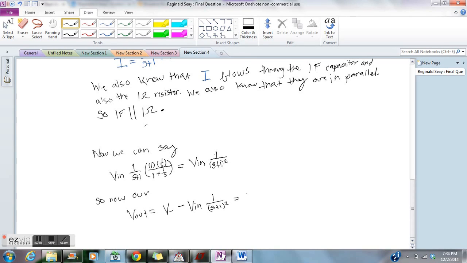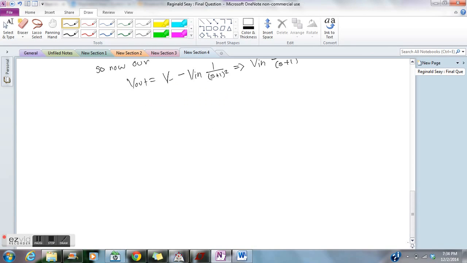Simplifying that gives V in times S squared plus S minus 1 over S plus 1 squared. That second half will be our transfer function. So we basically have our transfer function now.